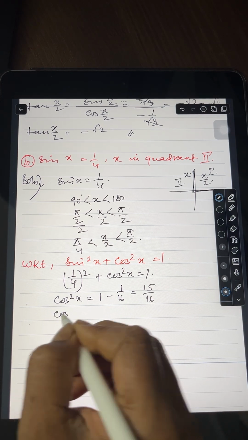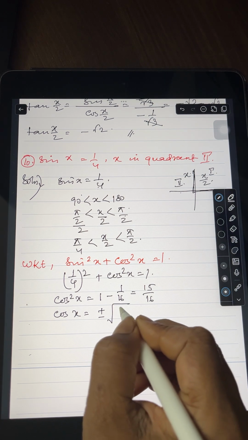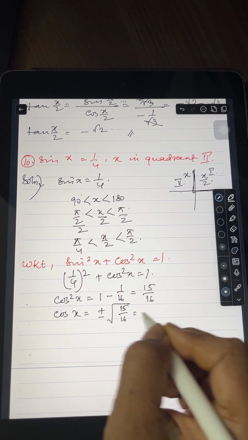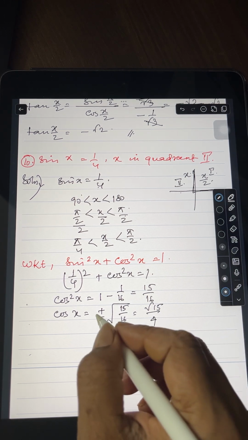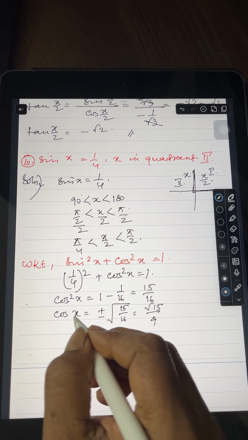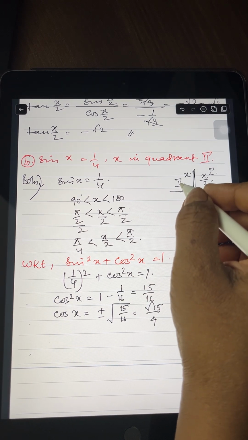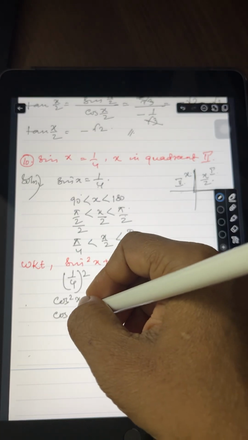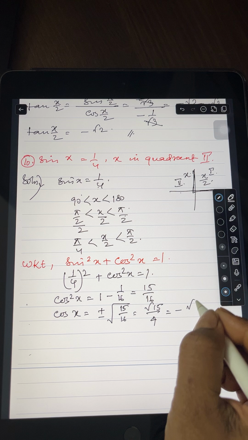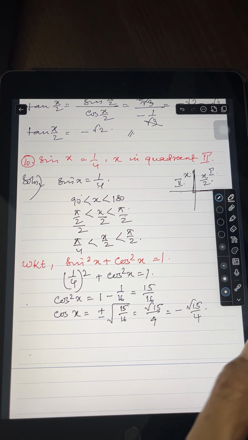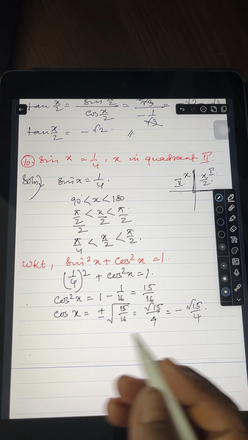Now cos x will become plus or minus root of 15 by 4. X is in which quadrant? X is in second quadrant. In the second quadrant cos is negative, so you will have to take minus root 15 by 4. Clear? Okay. Now you have cos x. Now what will you have to do?